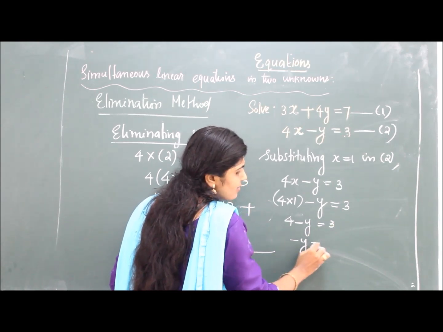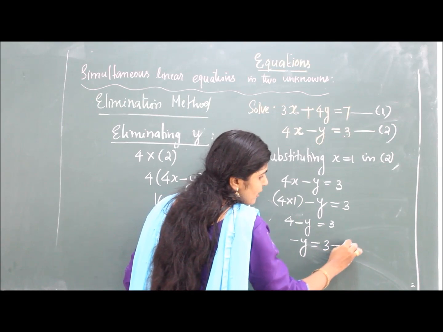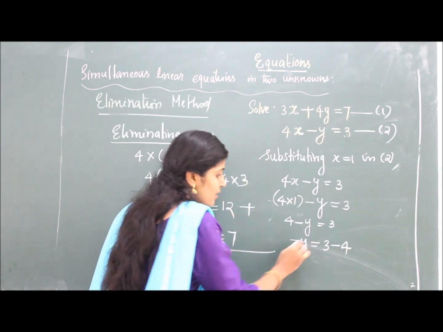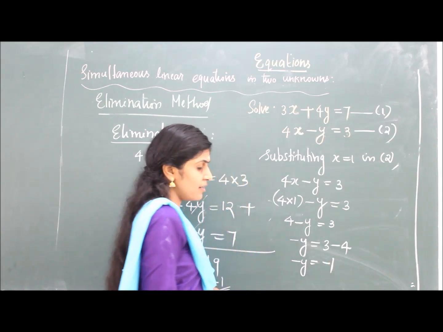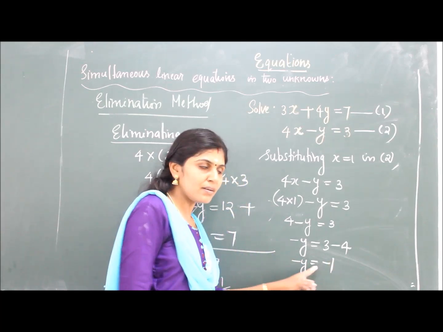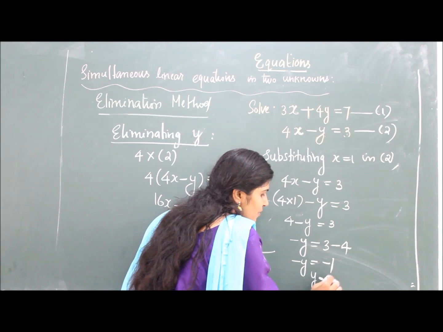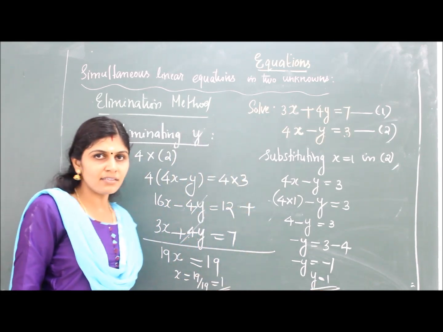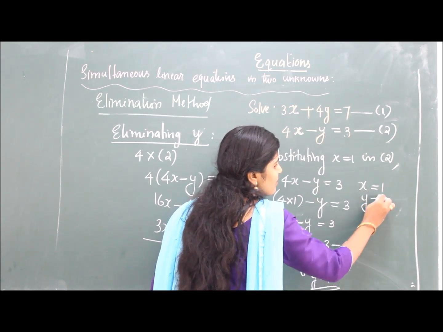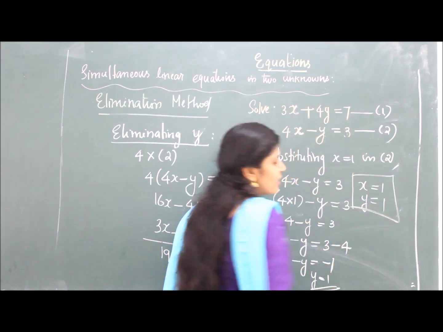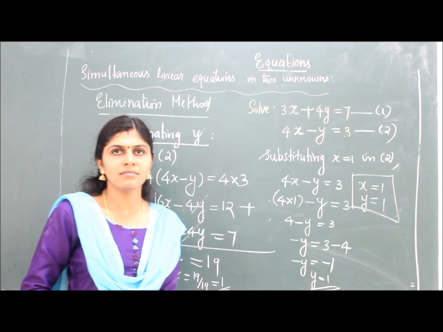Therefore, minus y is equal to 3 minus 4, which is minus 1. So minus y is minus 1, which means that y is equal to 1. So in this case also, you will get the solution of the given system as x is equal to 1 and y is equal to 1.